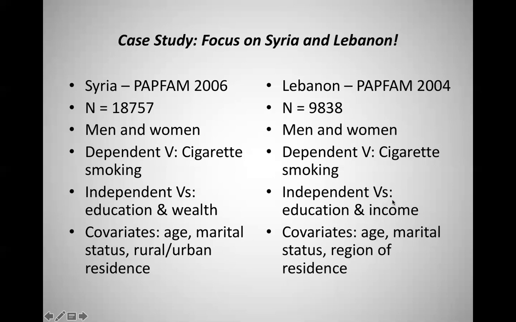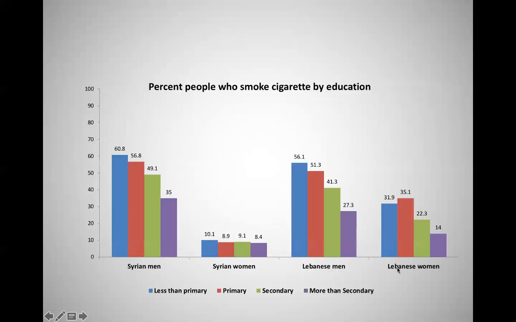In all countries in the world, there are problems with measuring income, but particularly in Lebanon. And we also controlled for age, marital status, whether the person lives in rural or urban, and in Lebanon, we controlled for the region of residence. North, South, Bekaa, Beirut.